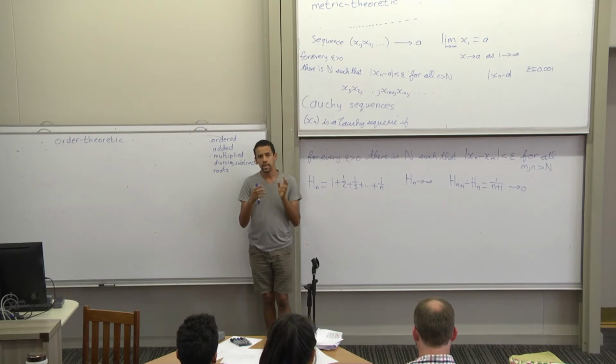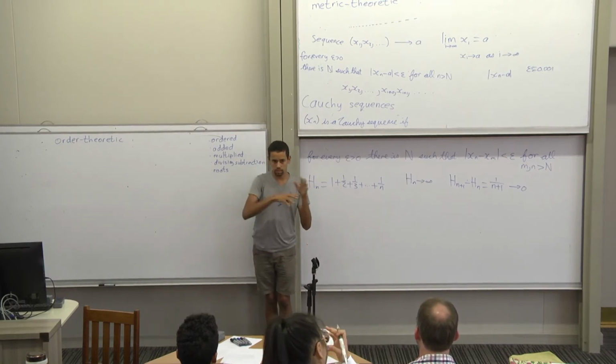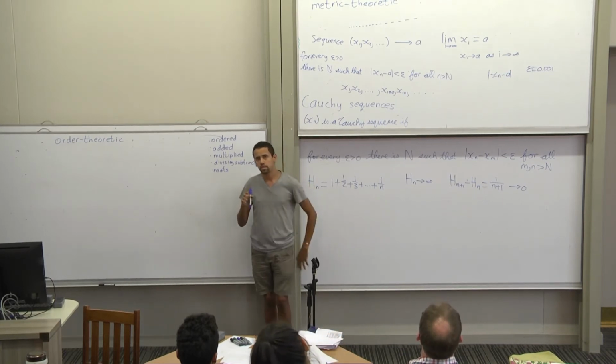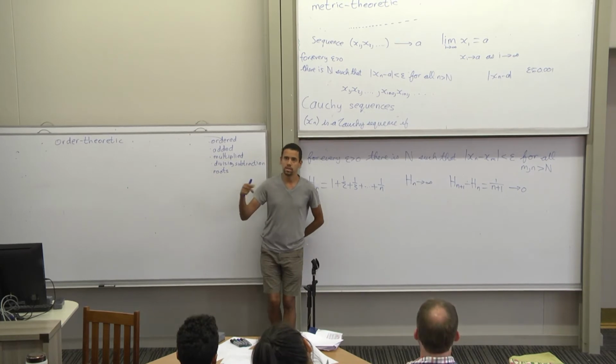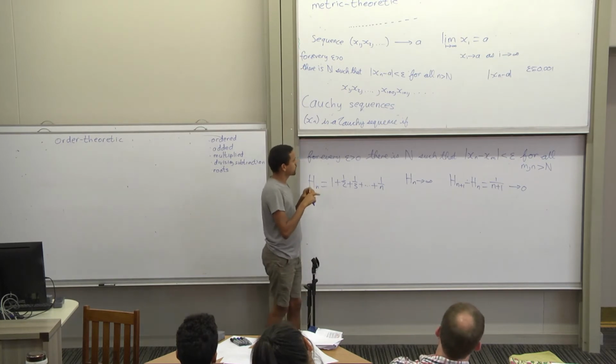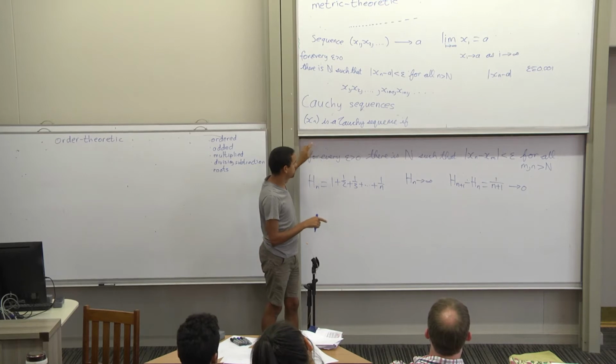But now, it's technically not convergent because square root of 2 isn't in the space that you're considering itself. So the definition of convergent means that it converges to a point in the space that you're already in. So a Cauchy sequence is that.